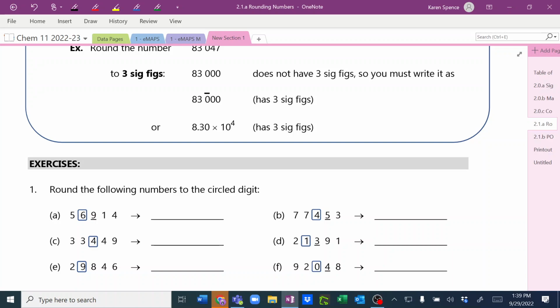You do not need to write how many sig figs are in the thing.